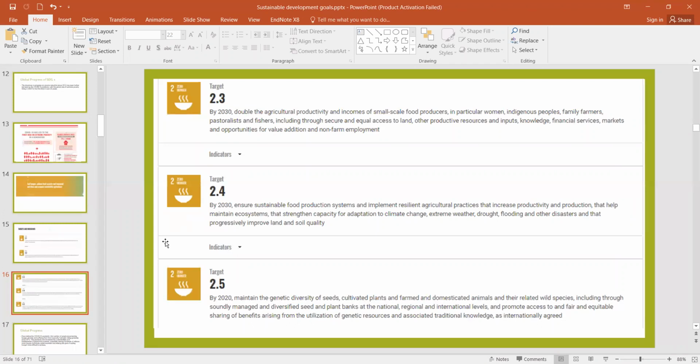By 2030, double the agricultural productivity and income of small-scale food producers, in particular women, indigenous peoples, family farmers, pastoralists, and fishers, including through secure and equal access to land, other productive resources and inputs, knowledge, financial services, markets, and opportunities for value addition and non-farm employment.